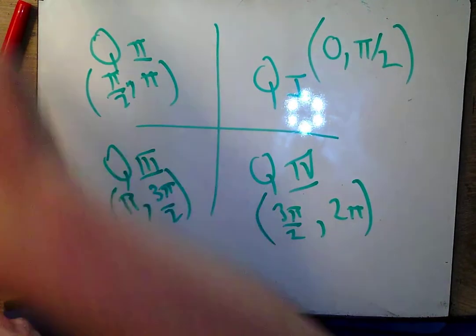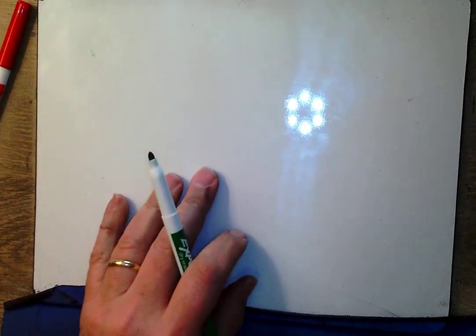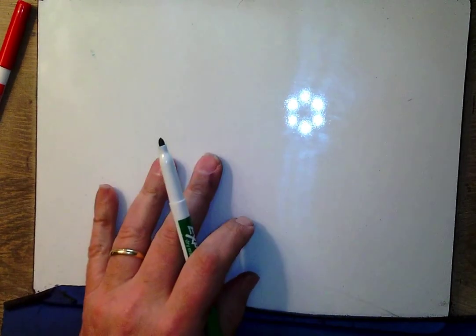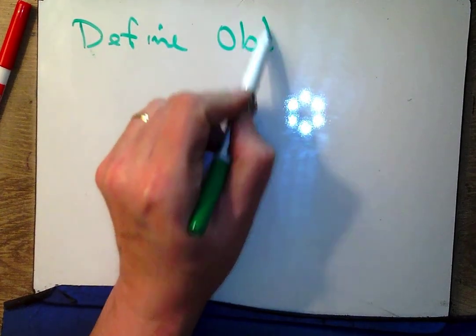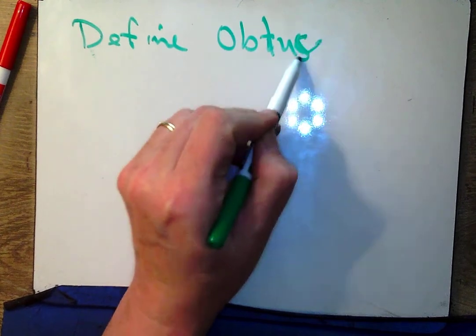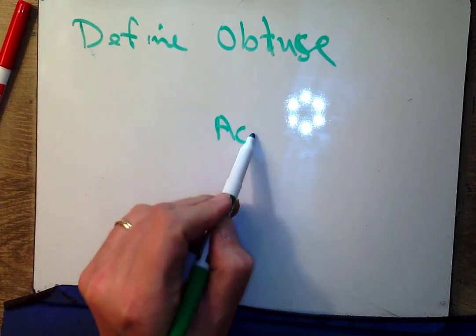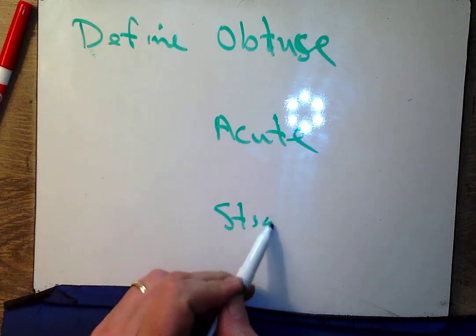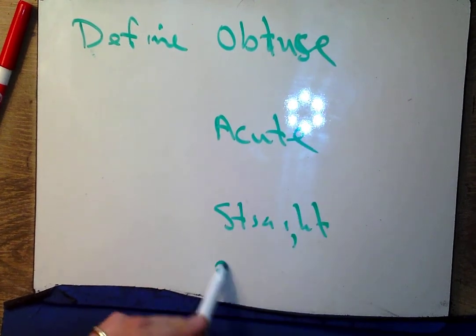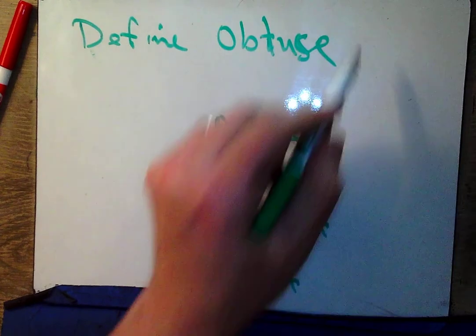Okay? In fact, let's go back and redefine some words from middle school. Certainly from geometry class. Let's define obtuse, acute, straight, and right angle.